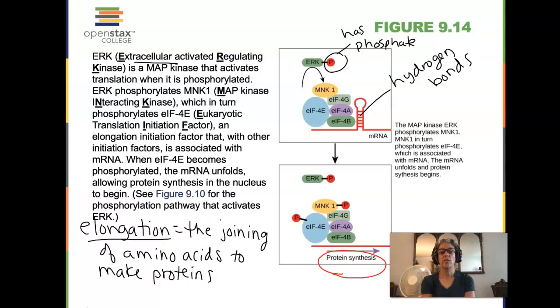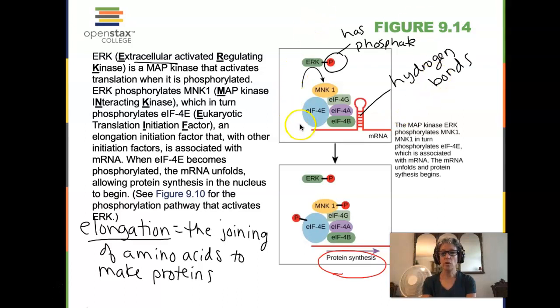This very complicated looking image is showing one way that cells can regulate translation, control whether or not a messenger RNA will actually be read by the ribosome to create proteins.